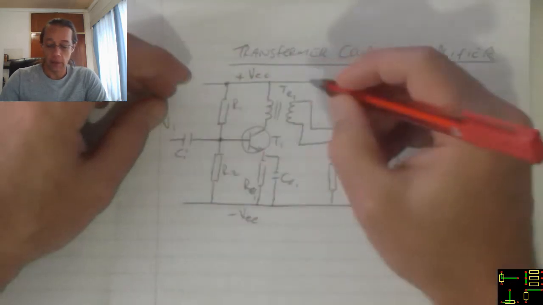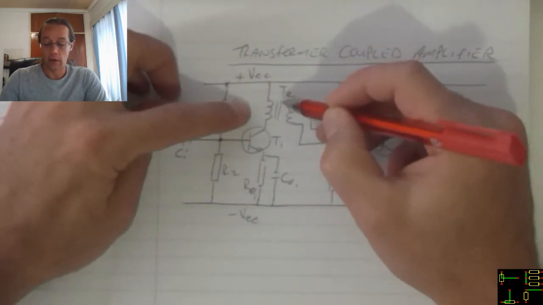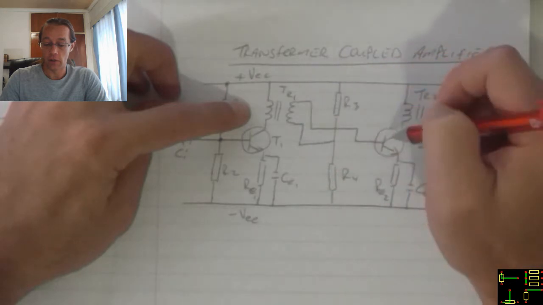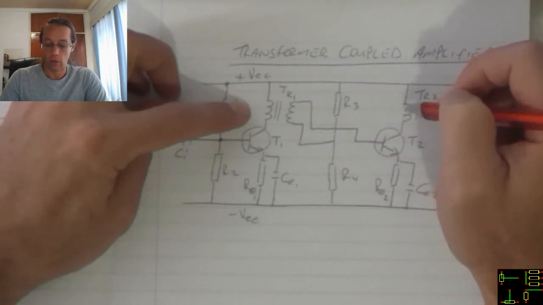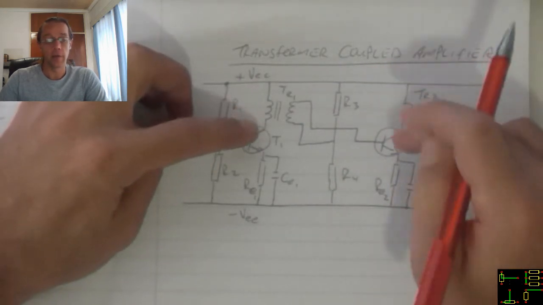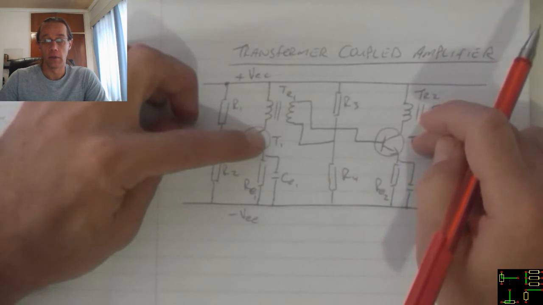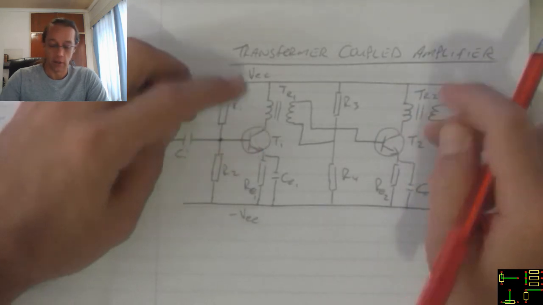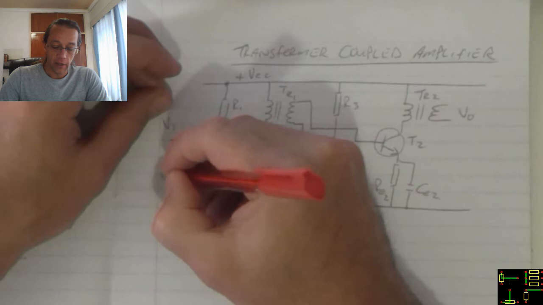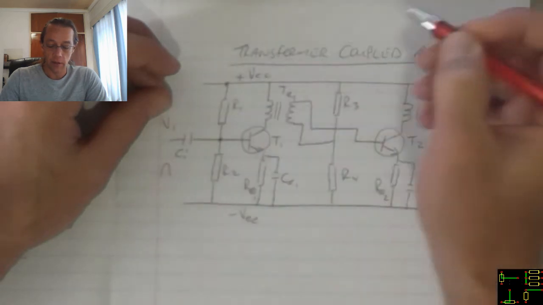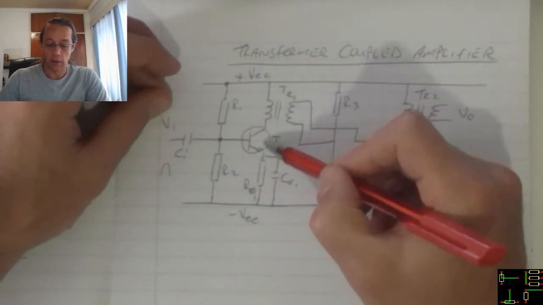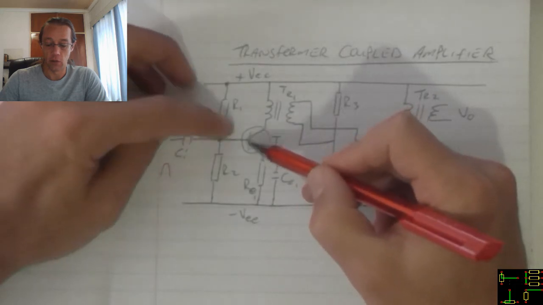Depending on the direction of these coils and the magnetic fields, we will have either in-phase or inverted signals. If I have an increasing input over there, that causes this transistor to turn more on.